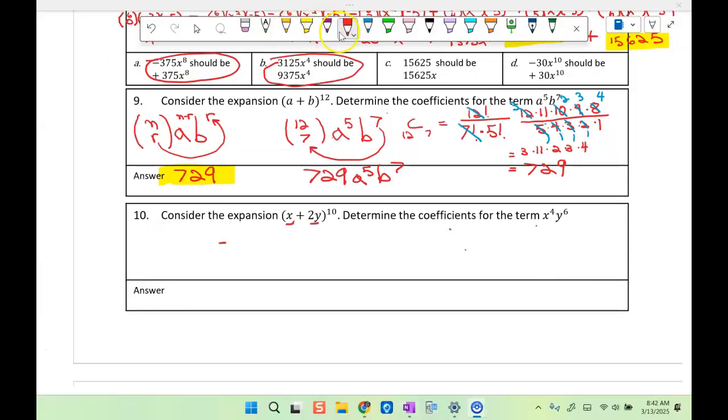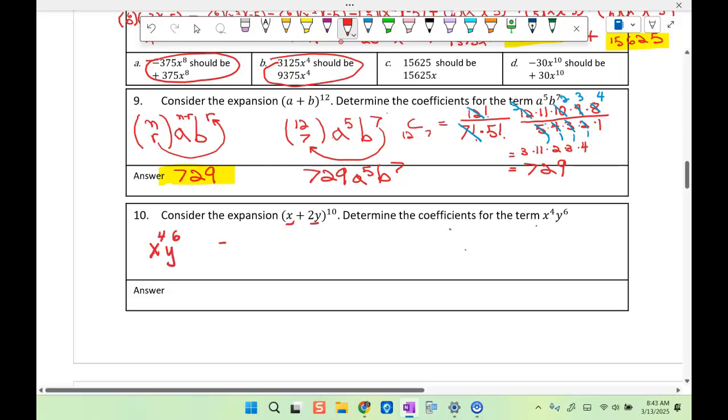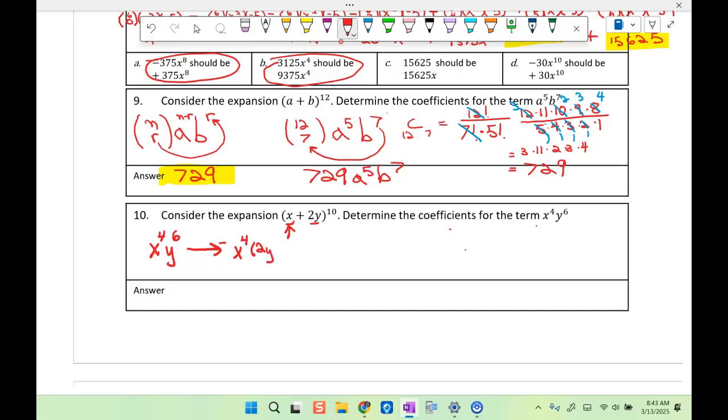All right. I got x to the 4th, y to the 6th. And now what I'm going to do is I'm going to substitute in this x. So that doesn't change. That's still x to the 4th. And then I have 2y to the 6th. And I want to figure out what's the coefficient on that.